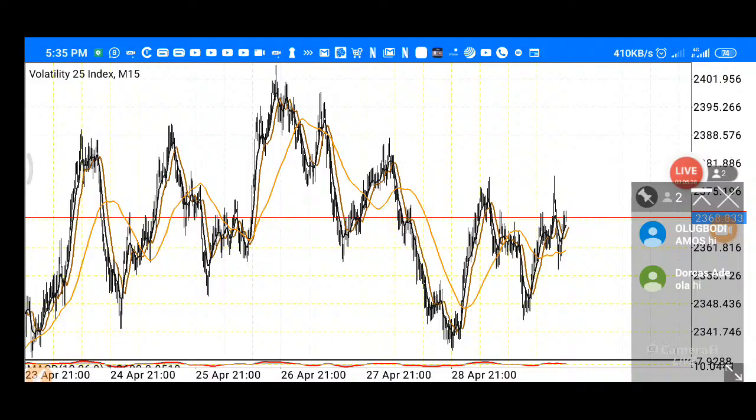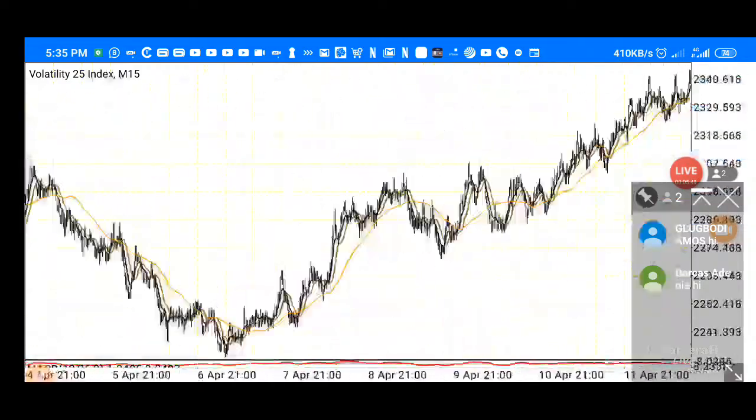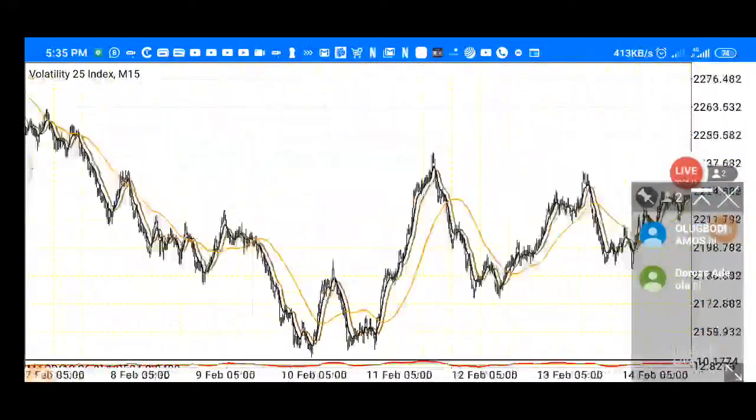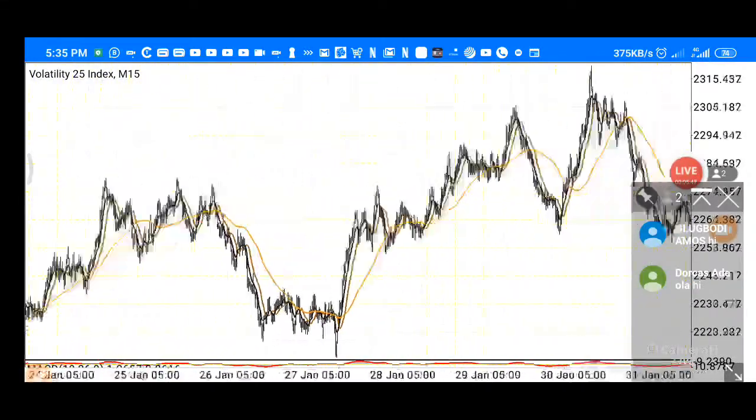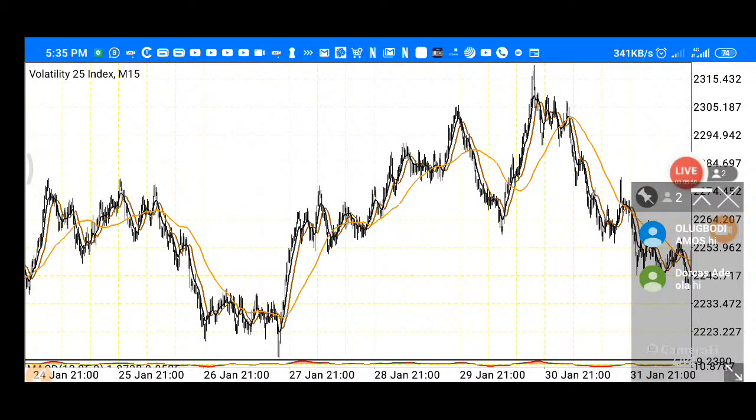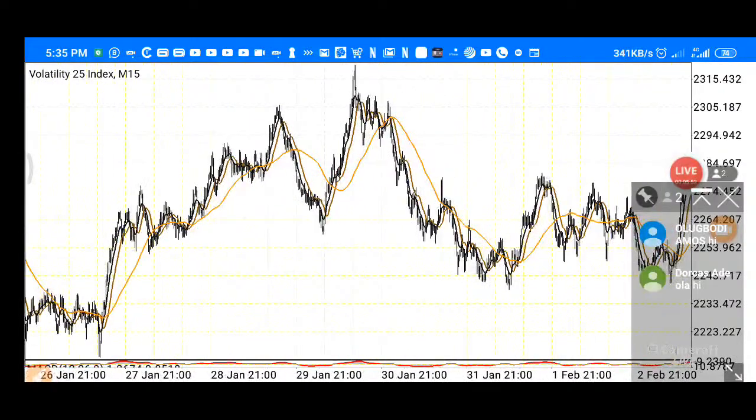So how to use support and resistance to scalp, let me go back to, I'm using Volatility 25 to explain. Once you are on your charts for scalping, I prefer using the 30 minutes or 15 minutes time frame. So this is the 15 minutes time frame.